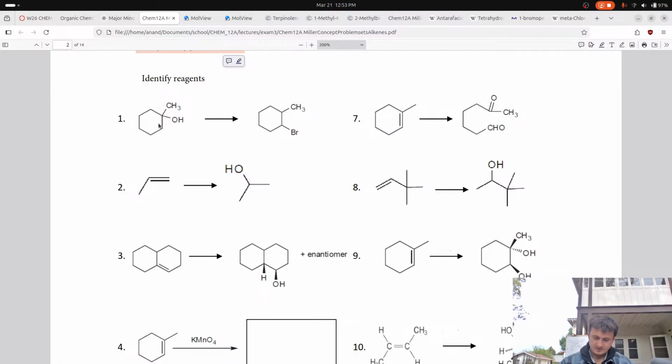Once we have the alkene, we just need to do anti-Markovnikov hydrohalogenation. Halohydrin is the wrong one. Hydrohalogenation, that's what we're trying to do.